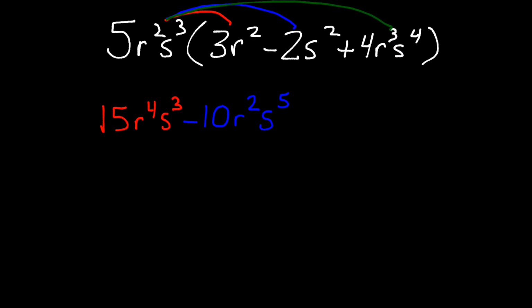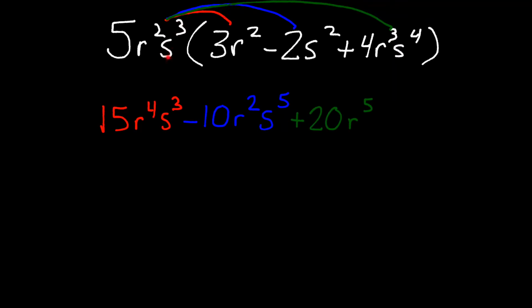Alright, for our last term, we're going to start off with multiplying 5 times 4, which is going to give me a positive 20. Now I have an r squared outside, I have an r cubed inside, so we'll add those exponents. 2 plus 3 gives me 5. So 20r to the 5th.